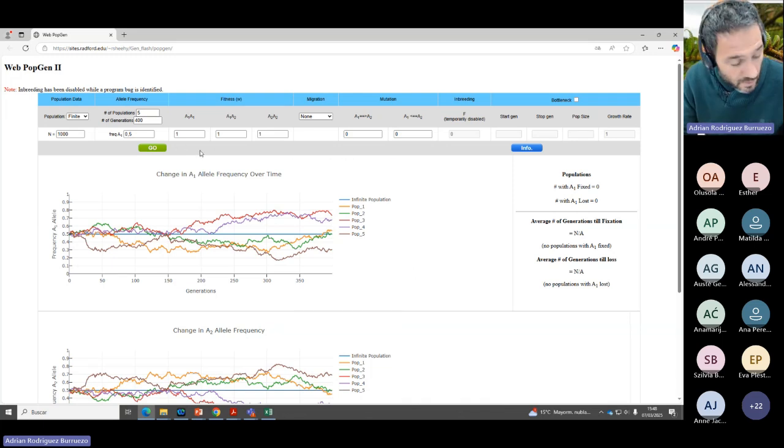And let's see what happens with selection. I will keep the number of 1,000 individuals. I will keep the frequency of A1 at 0.5 and the frequency of A2 also 0.5, as is logical. In this case, the frequency of the three genotypes will be 0.5, 0.5, and 0.5.